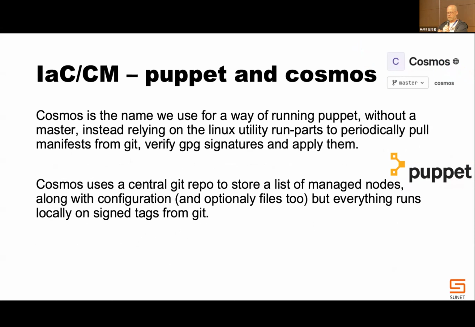For security reasons, we don't want any single server to be able to take over our whole fleet of servers. So instead, we run without a master using Git manifests and GPG signatures. We want to be sure that only code that we want to be deployed is deployed.